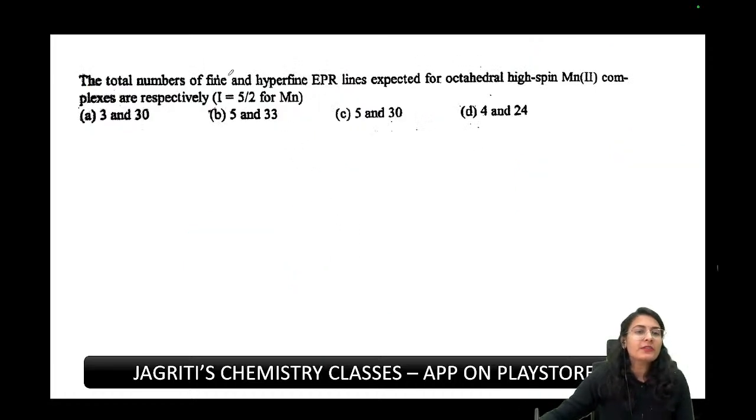The total number of fine and hyperfine EPR lines expected for octahedral high spin manganese 2 plus complexes are respectively.